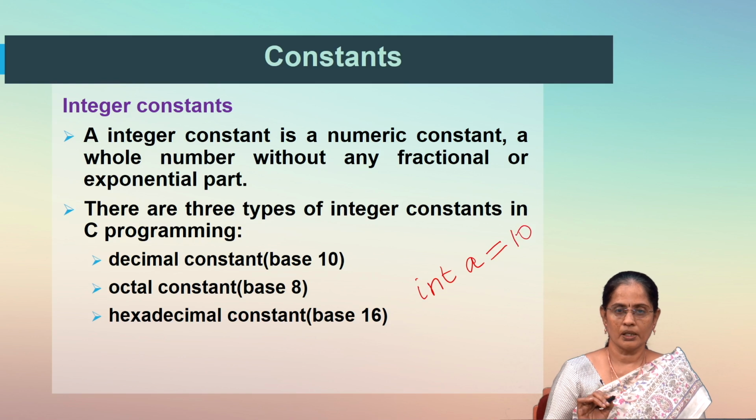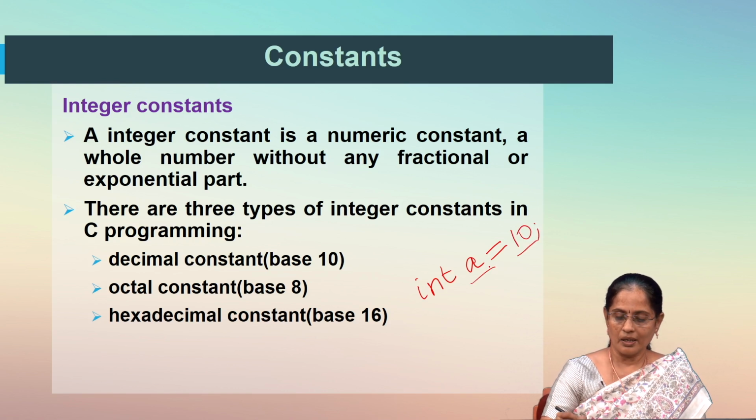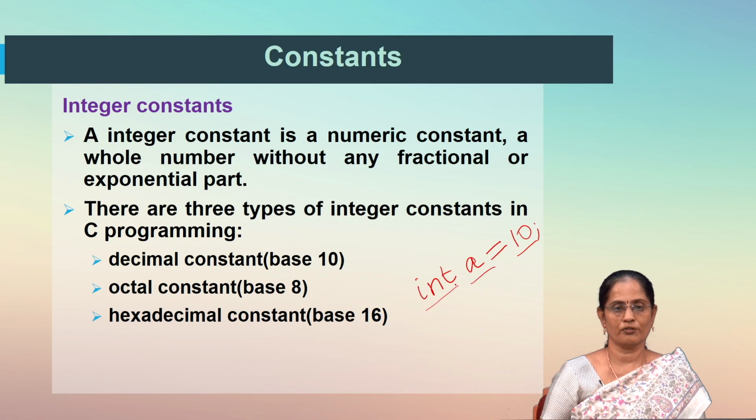It should not be a fractional number. So, now we can say that 10 is the constant, a is the variable and int is the data type used to define the variable, and the constant value 10 is assigned to that variable.